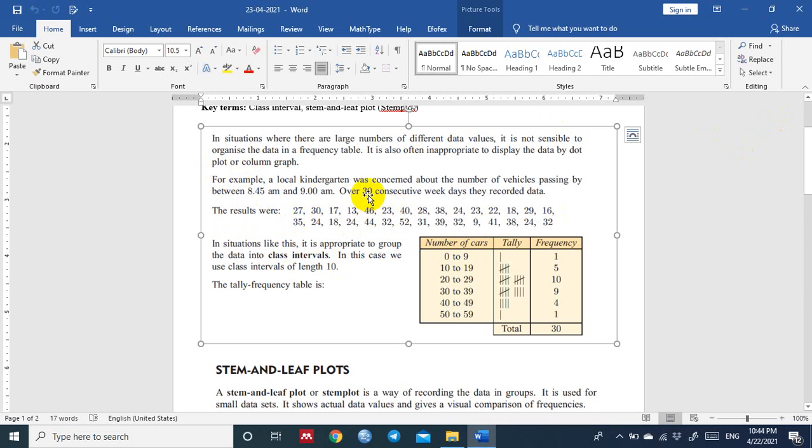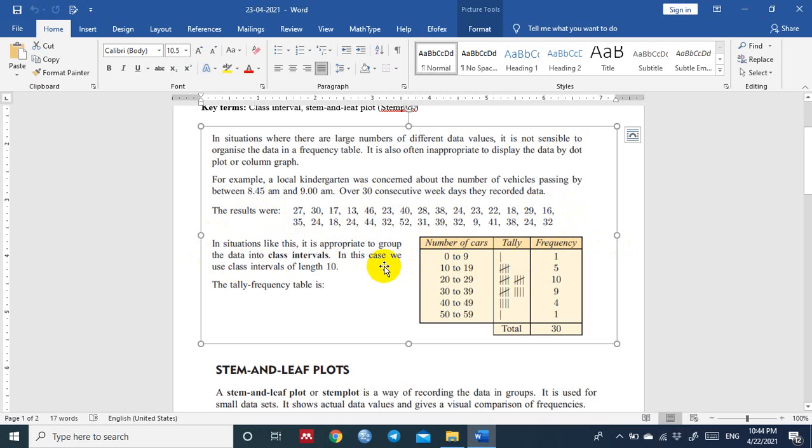How many days in total? 30 days, right? So here would be 30. I think one row should be 15. When you look at the data here, you can see the smallest value and the highest value of the data.